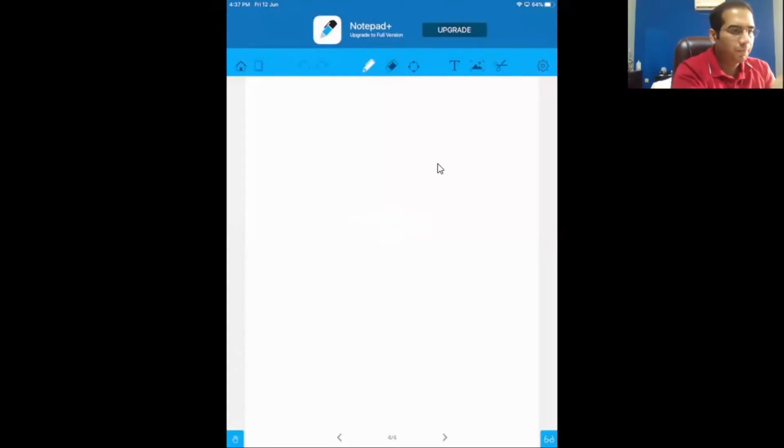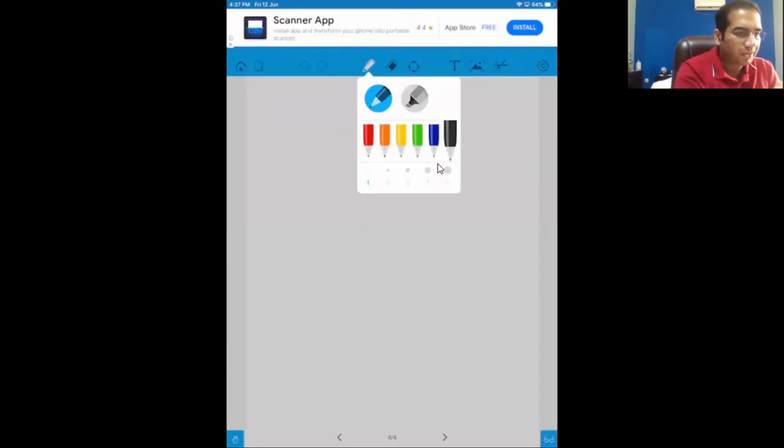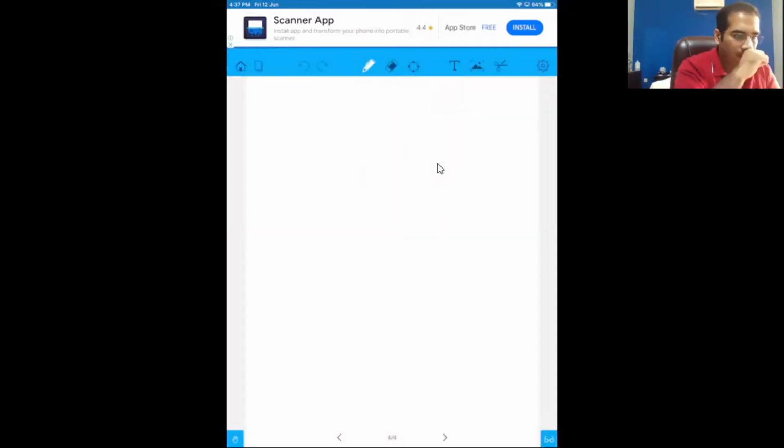Okay, so first I'm going to just demonstrate to you what I'm going to do, and then we're going to actually do it. This is a tibia.